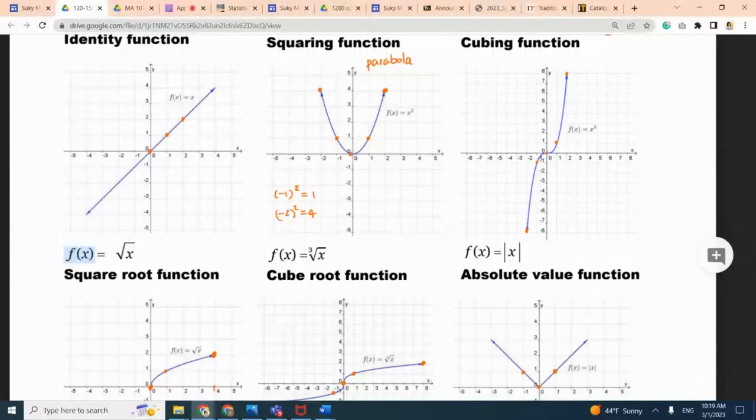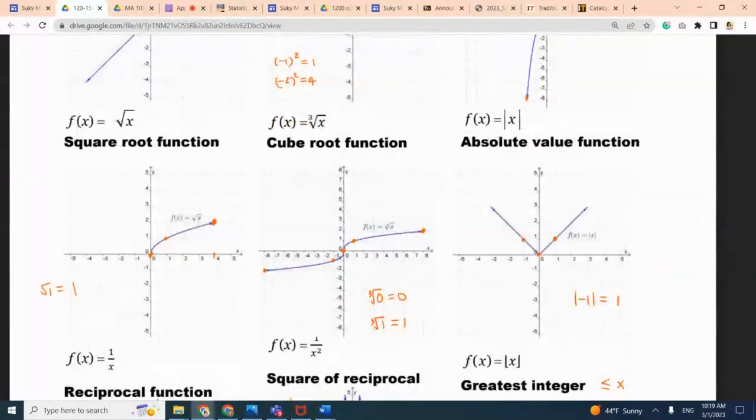And square roots. What are the key points? How many key points? 3. They are (0, 0), (1, 1), and (4, 2). We call these integer points. That's why we don't plug in square root of 2 or square root of 3, since they're not integers. Square root of 4 is an integer, that is 2. So we look at those 3 points.